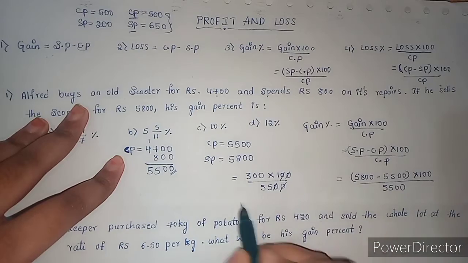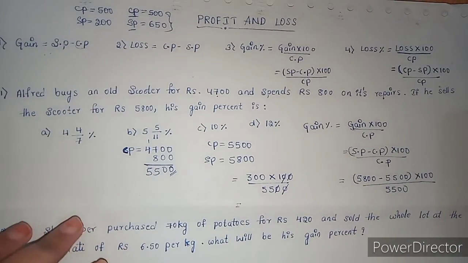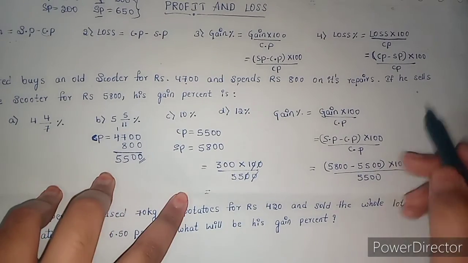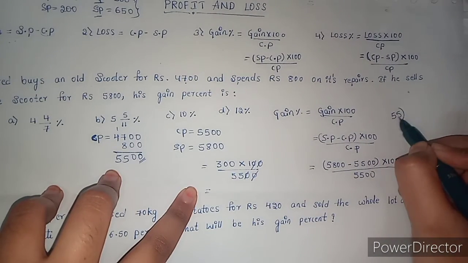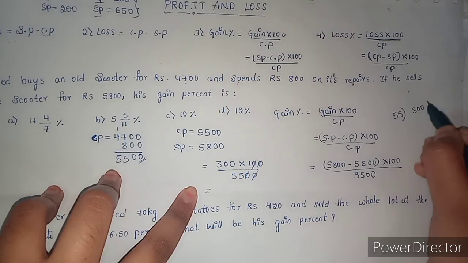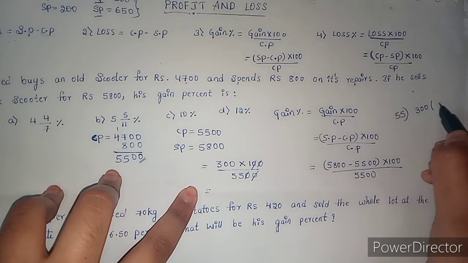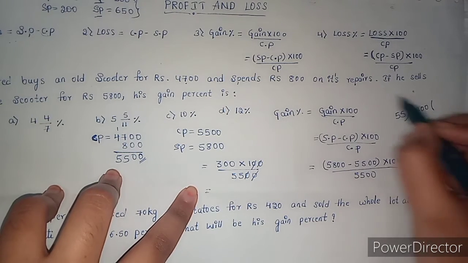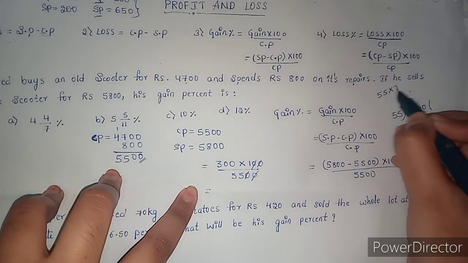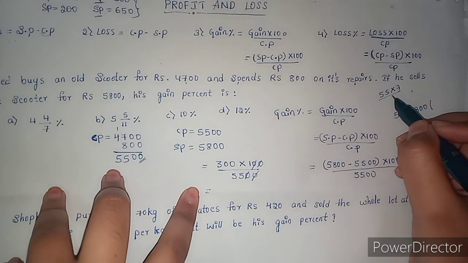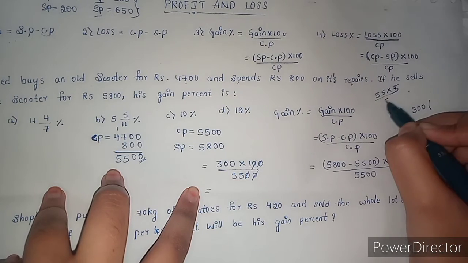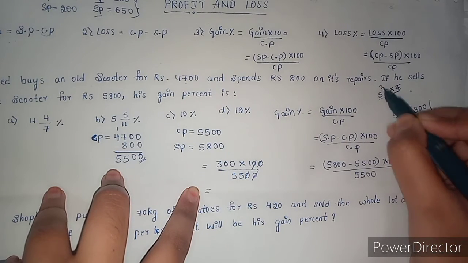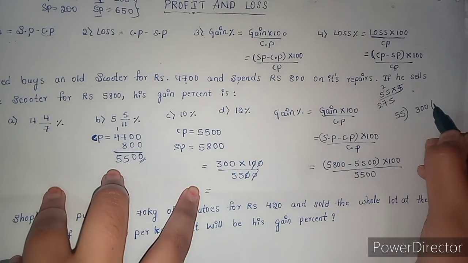The zeros get cancelled. Now 300 by 55 is remaining. You need to divide 300 by 55. 55 into 5: 5 fives are 25, 5 fives are 25 plus 2, 275.